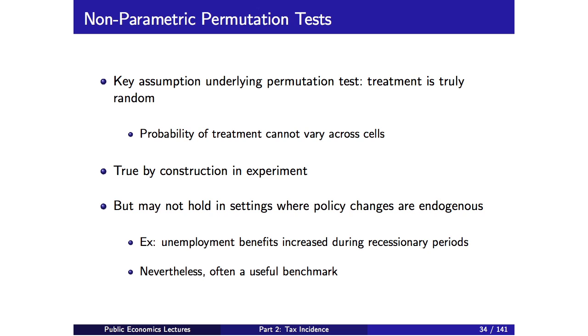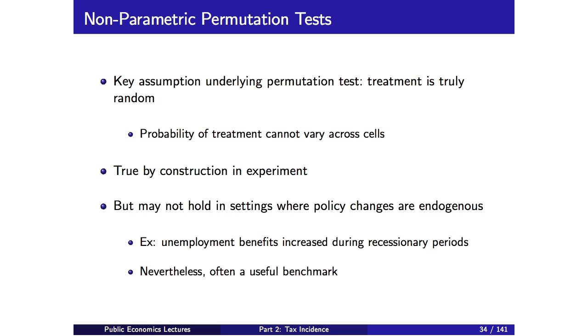So now, if you do the permutation test but just randomly assign unemployment benefit changes to all states and all periods in your data, you're not going to get the distribution of where these changes are occurring right, because they tend to occur in periods where the economy is going into a recession, right? And so you need to be able to pull the thing that you're permuting from the correct distribution that it was actually drawn from. So in the case of an experiment, the way we apply it, that's actually the perfect setting, because we know we did the experiment at sort of a random time for a certain set of things.